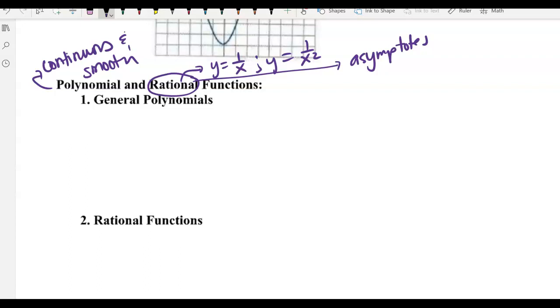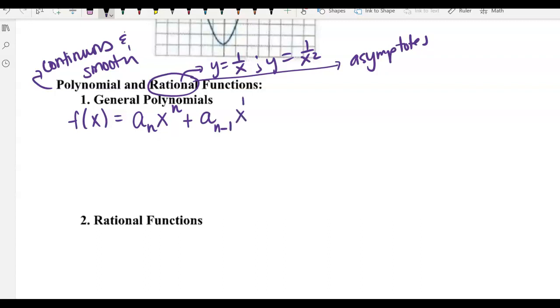Okay. So number 1 is the general formula for the polynomials. So it's going to have f of x equals a sub n times x to the nth power. So a sub n, those are your leading coefficient, and then n is your power. So if it's x to the 10th, then the next term is going to be a sub n minus 1, whatever the leading coefficient is.